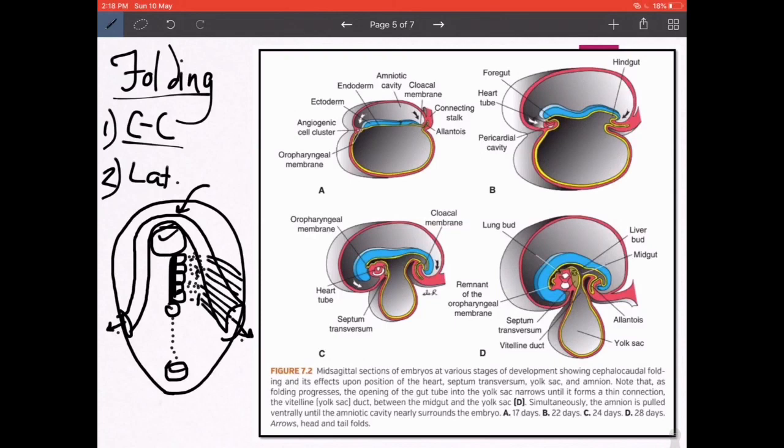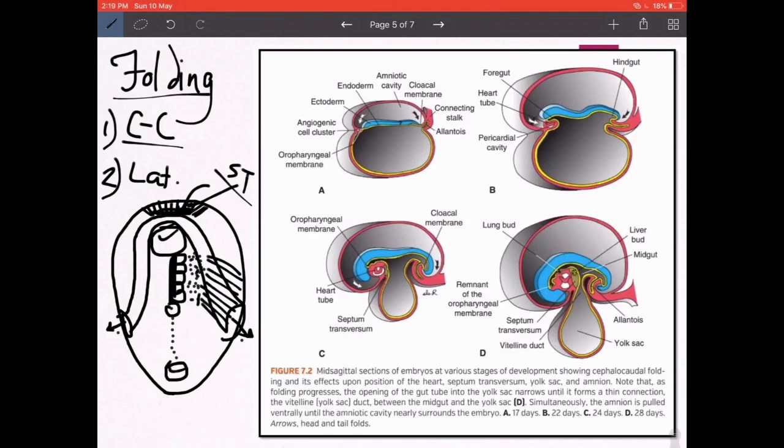Okay, now just understand this. The mesoderm lying cranial to this union or this horseshoe shape part is known as the septum transversum. Okay, this is known as the septum transversum. It is going to give rise to the future liver and diaphragm.